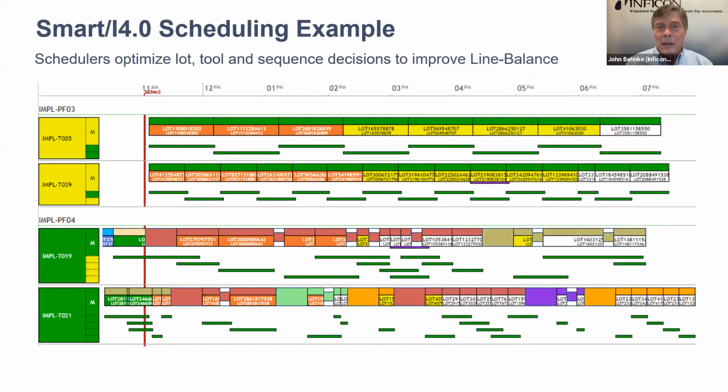But ultimately, by putting all this information together and having a digital twin advanced scheduling system that is incorporating the line balance objectives and functions, you create literally a schedule for every single lot and every single tool and every chamber and every sequence for the next 12 to 168 hours, depending upon whether you're a front end or a back end or how complex the line is, all of which is aimed at improving factory performance, cycle time, and line linearity.